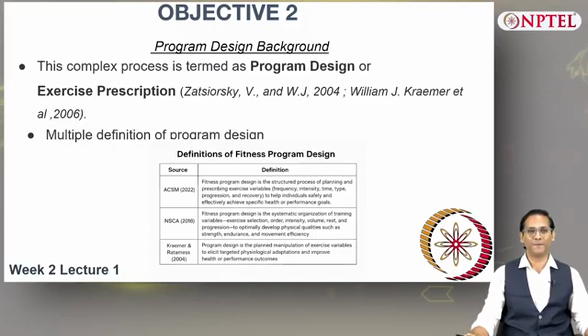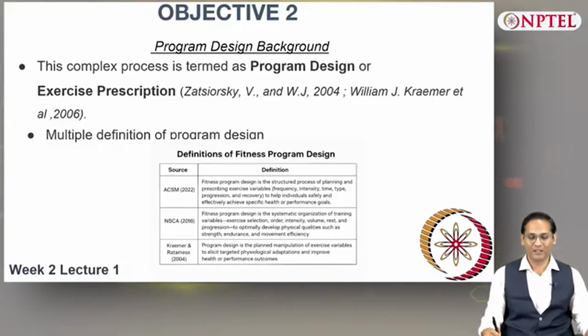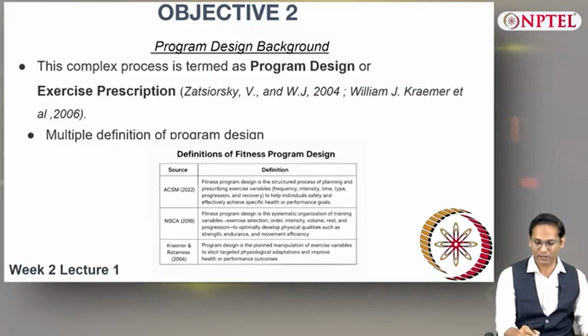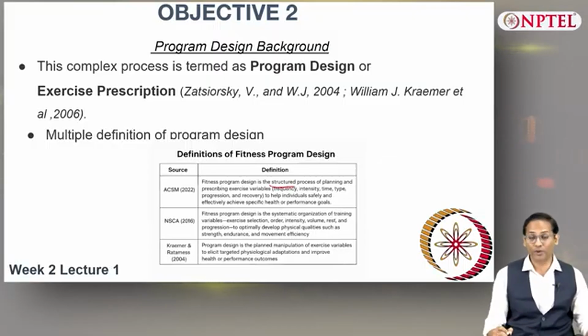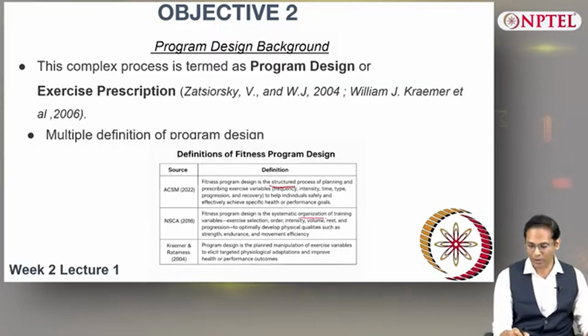This program design has multiple definitions, but every definition has certain common elements. The first common element is a structured process or an organization of training variables.